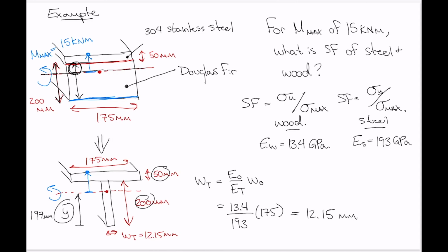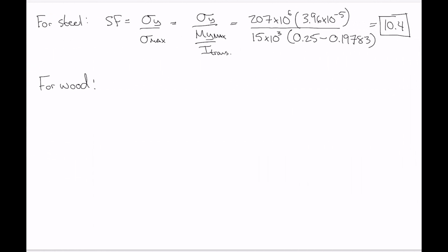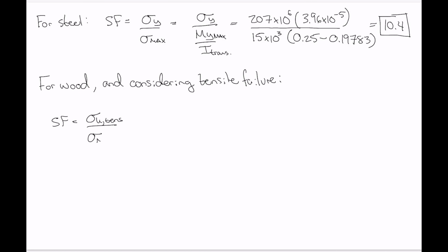Okay, so looking at tensile failure for the wood. Considering tensile failure, what we want to do is say that the safety factor is going to be equal to the ultimate strength for the wood in tension divided by the maximum tensile stress that occurs.